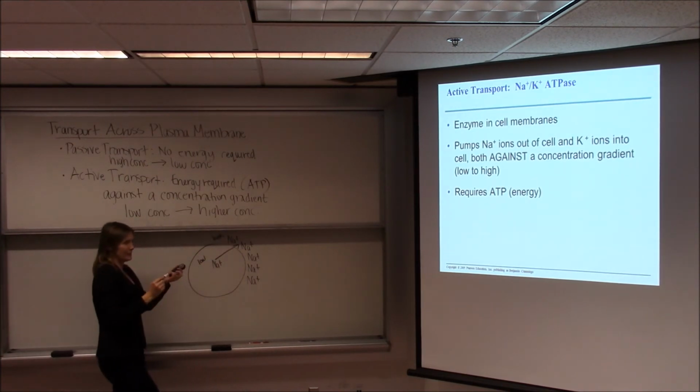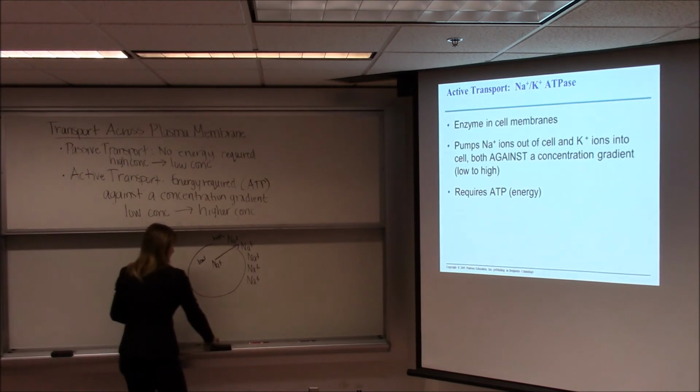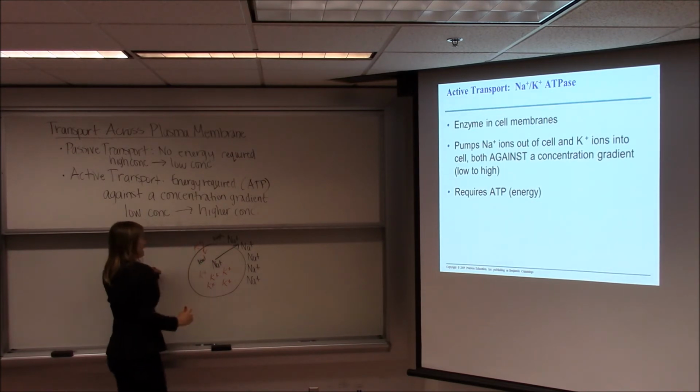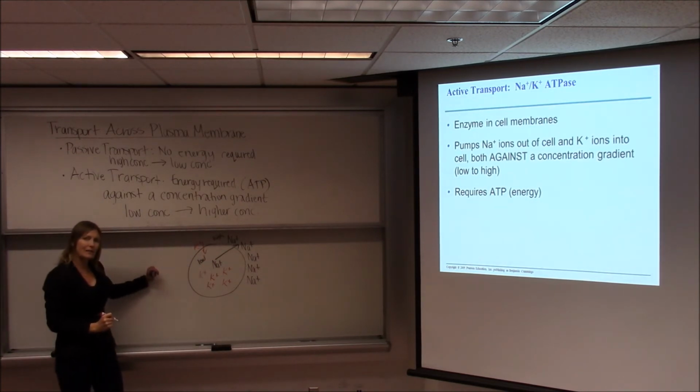And conversely, for potassium, what if we already had a lot of potassium in the cell, and we want to get this last one in? Again, that's going to be against a concentration gradient, and that is going to require energy to cause that enzyme to work.